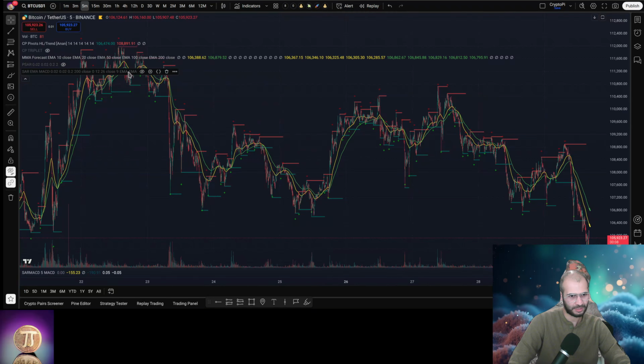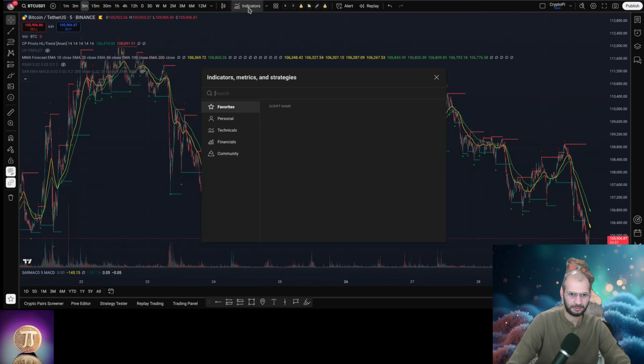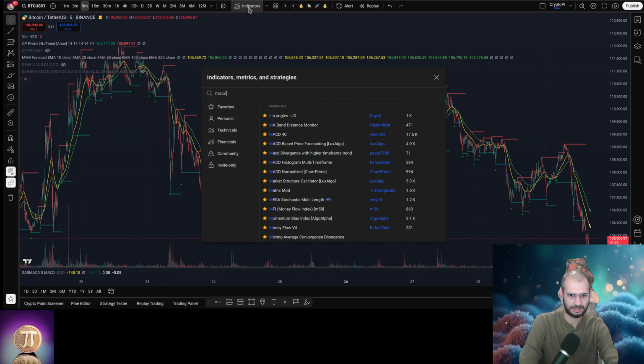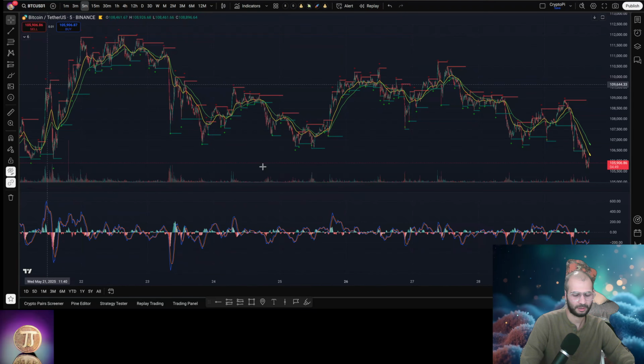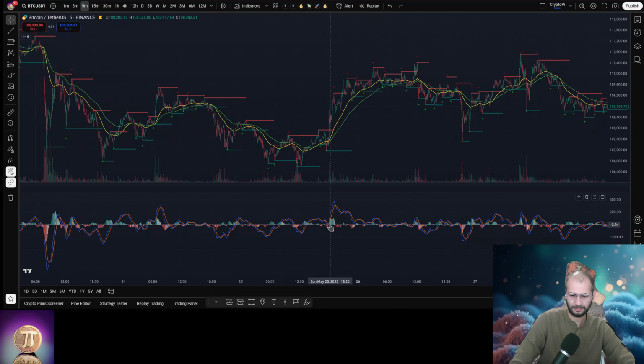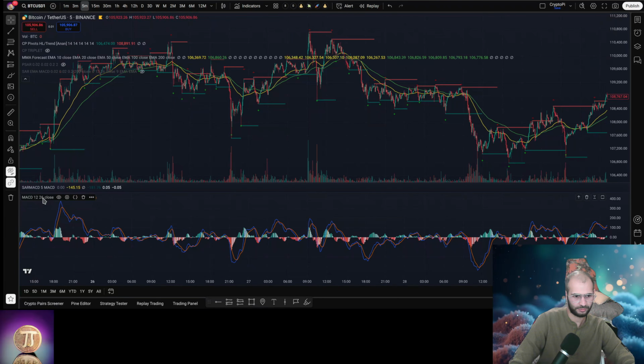One of them, I would say, is MACD. This is an adaptation of MACD, which stands for moving average convergence divergence. This indicator simply uses moving averages.